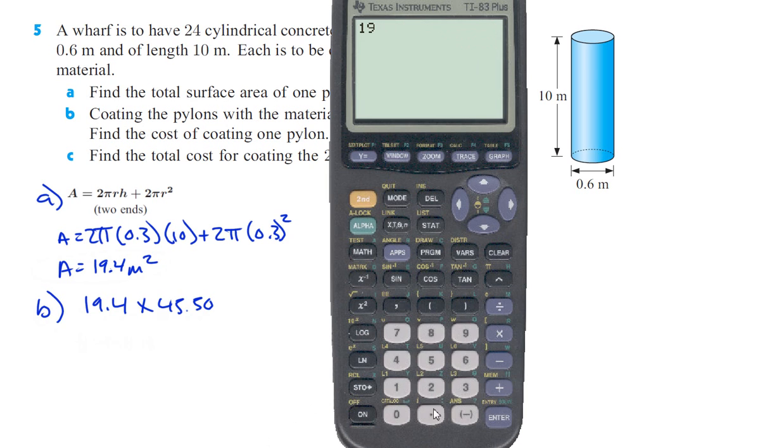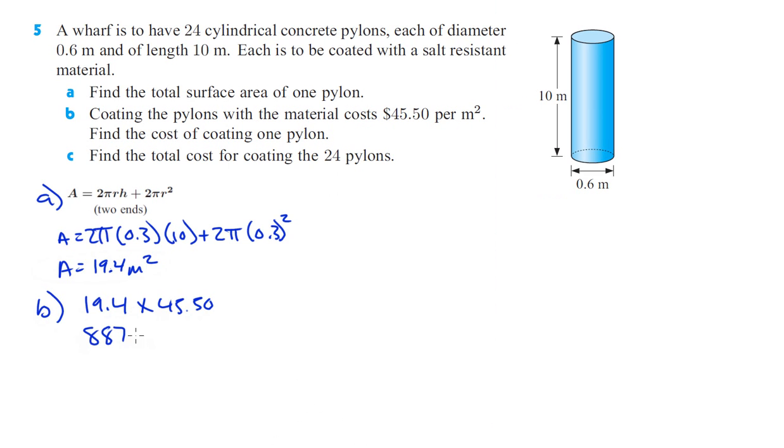So we get that it's 882.70. So it costs $882.70 just for one pylon. That's a lot. Okay. Find the total cost for coating the 24 pylons.